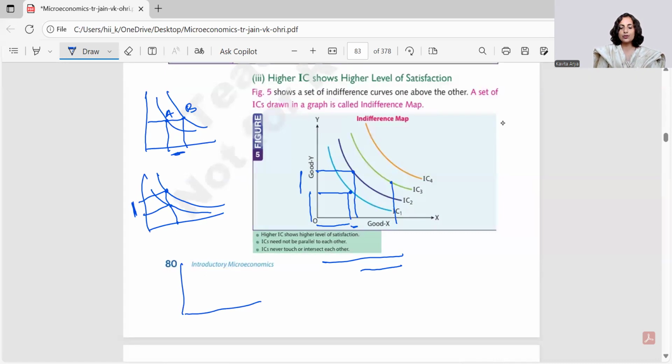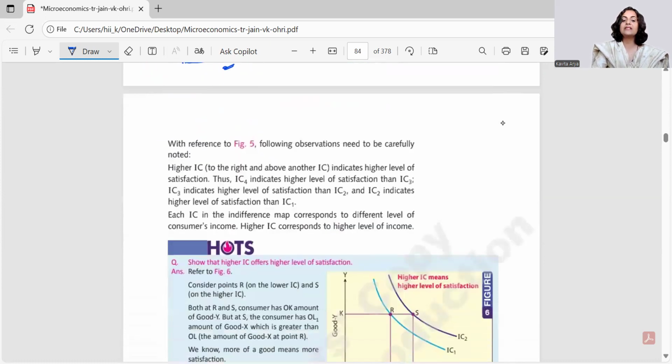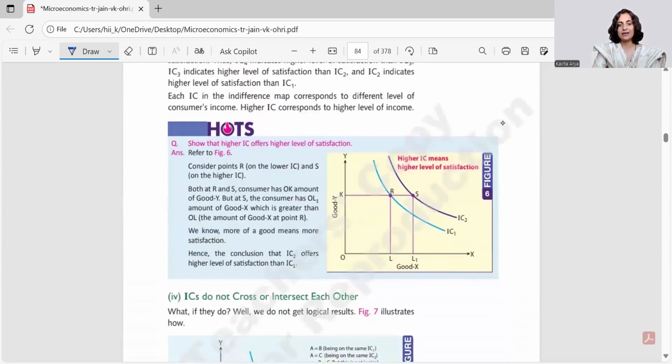And at a random expression, you'll show that extra of both is seen here. So higher IC always gives you higher satisfaction, which means more goods would be received.